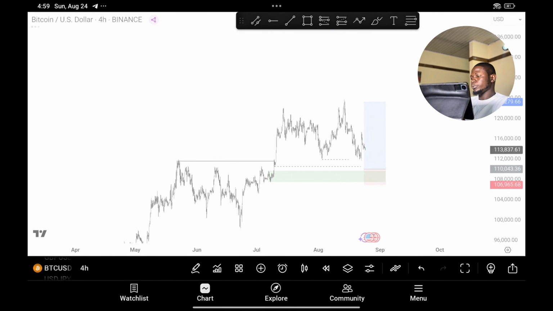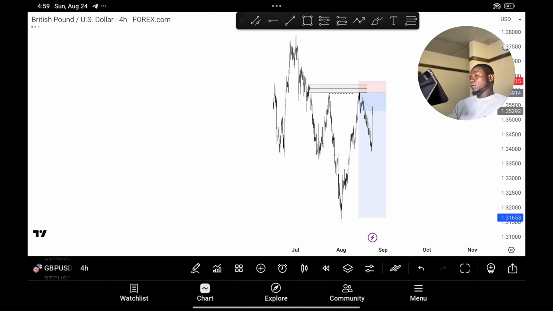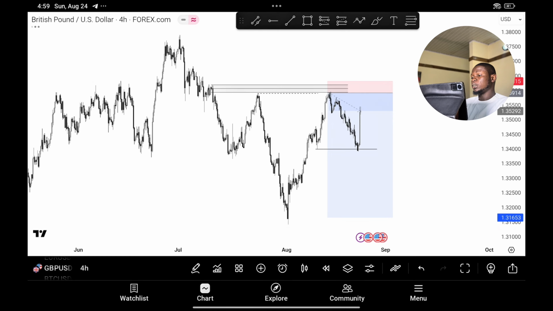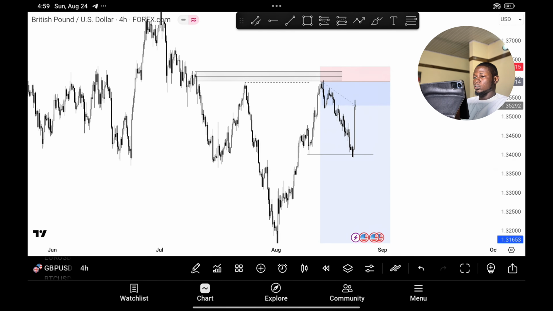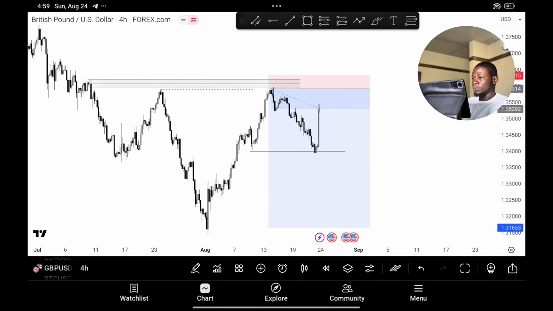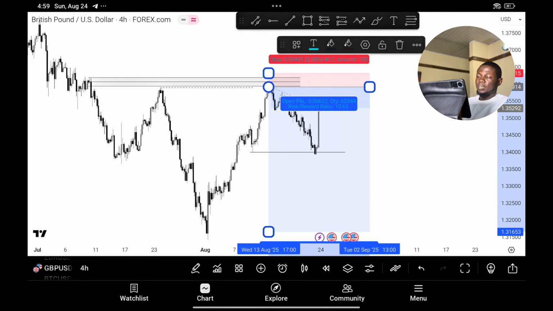Then GBPUSD. Actually, this trade was caught in my VIP, but I gave the bias in my trading community. I was selling this from here.